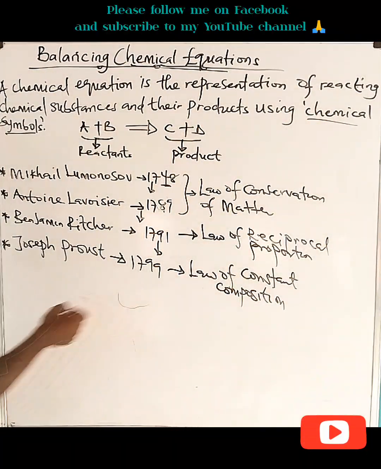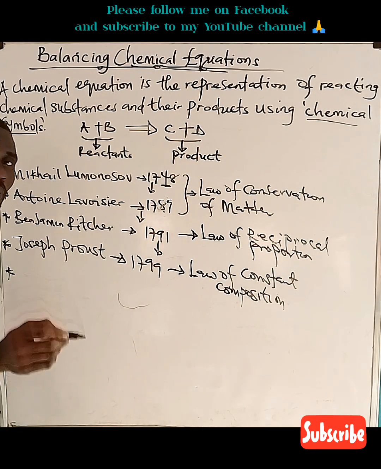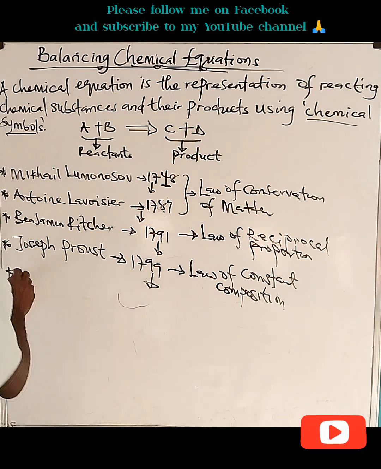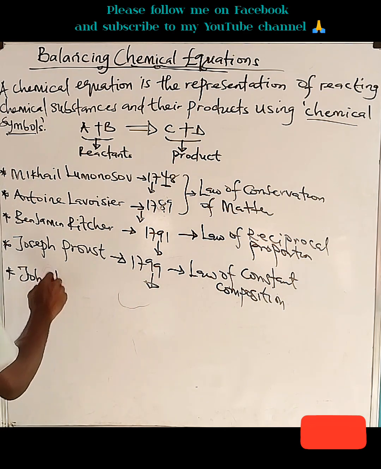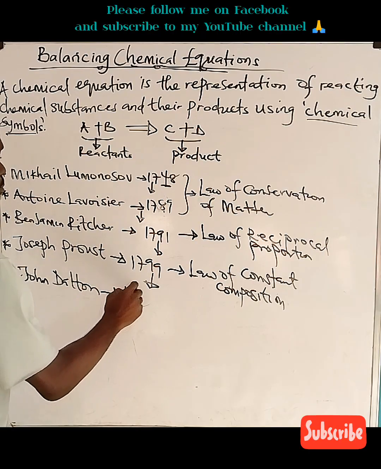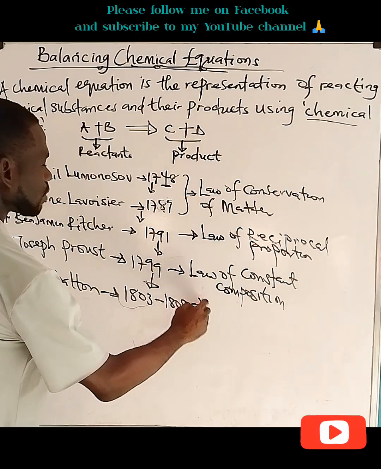And after the great work of Joseph Proust, the next scientist, a very popular one, is an English scientist, and that is John Dalton, the great John Dalton. John Dalton spent a couple of years between 1803, when he started this work, to 1808, when he officially put it out.